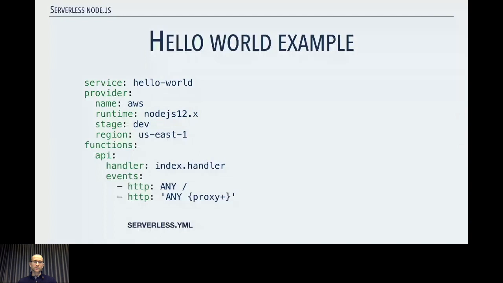The most important section here is the functions section, where we define our API handler and attach an HTTP event to that. With such a config, we are able to create the whole infrastructure, having our function and an API gateway, which will be linked to our function and will be processing the whole traffic.